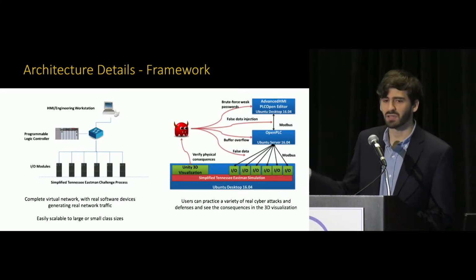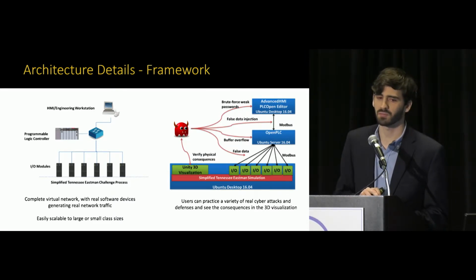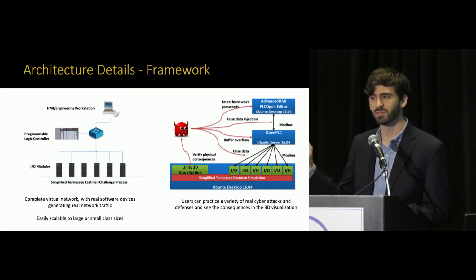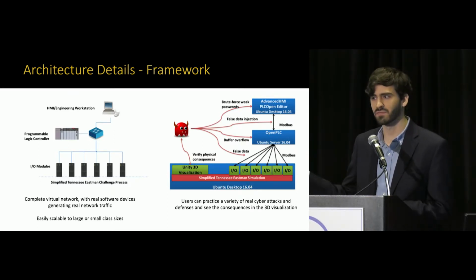That HMI is talking to a software OpenPLC over Modbus. So you can practice a man-in-the-middle attack, faking out the HMI and PLC communication and sending false values to the HMI. In reality, the 3D simulation of the chemical process is showing that the pressure is increasing and then eventually causing an explosion in the reactor.